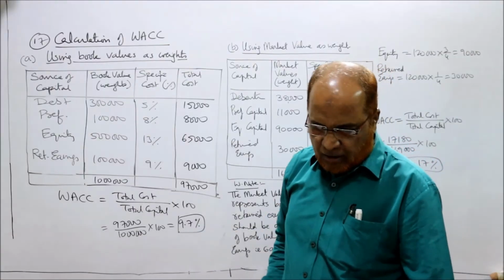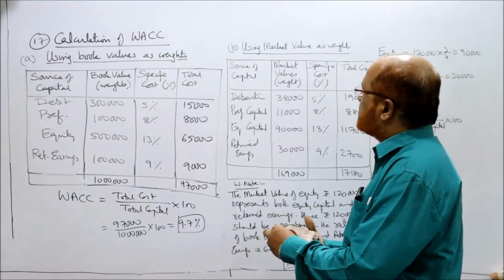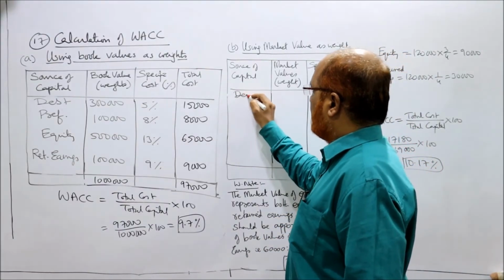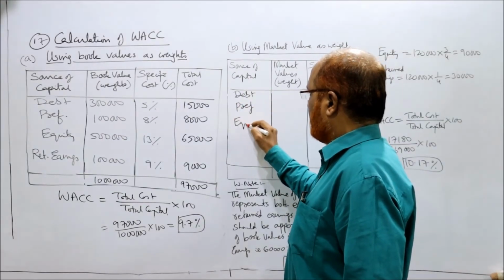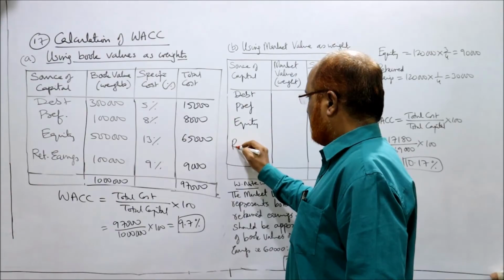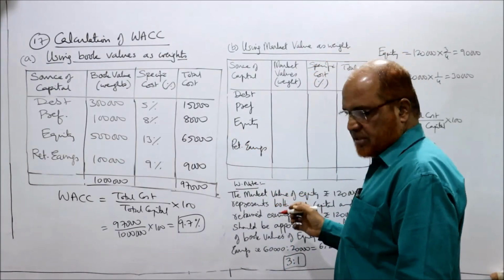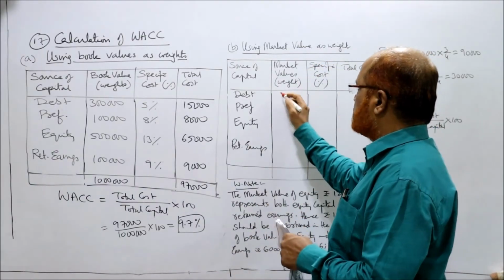Now we have to find out the market value weights. WACC using market value weights. Retained earnings. The market values are given in the problem, that is 2,80,000 debt.